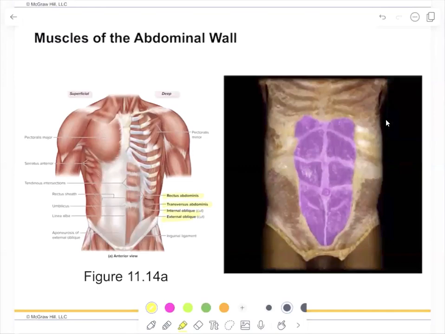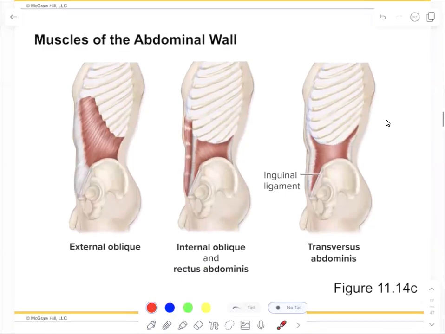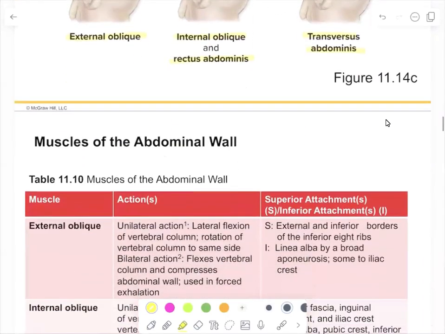And notice on the right-hand side of this diagram, of this cadaver model, you can see the rectus abdominis muscle shown. Looking at this diagram, we can see the external oblique shown, the internal oblique and rectus abdominis, and then finally the transversus abdominis on the right-hand side of your slide.